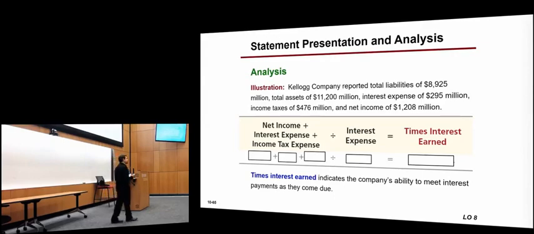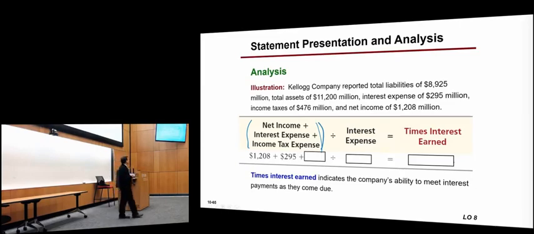Debt to asset ratio identifies the company's ability to pay their debts. Times interest earned looks at the company's ability to pay their interest expense, the interest they owe on their loans and stuff like that. In this case, you divide net income plus interest expense plus income tax expense by interest expense.